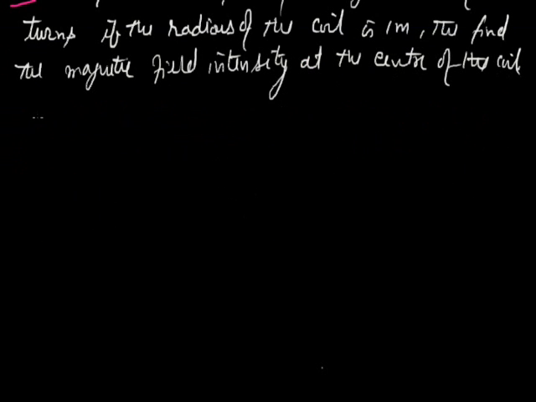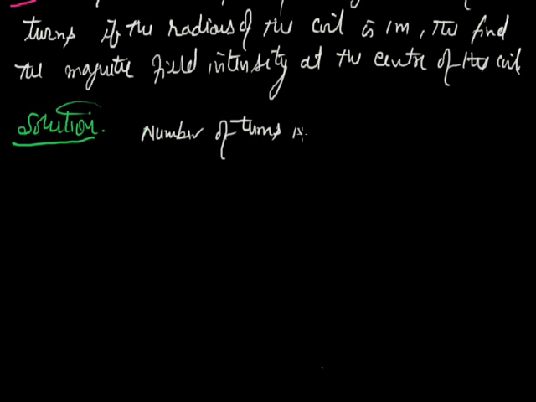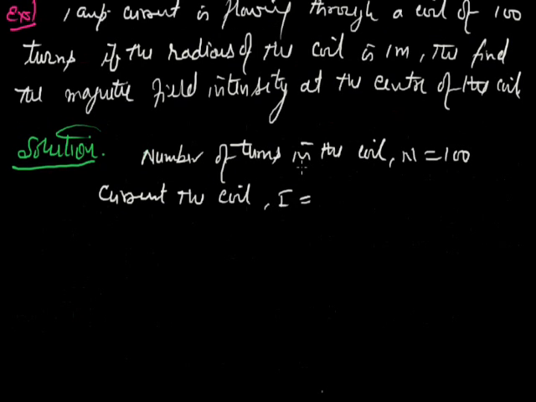Now the solution. Number of turns in the coil, that's N is 100. Current through the coil, that's I is 1 ampere.